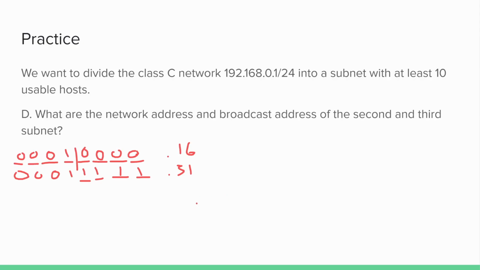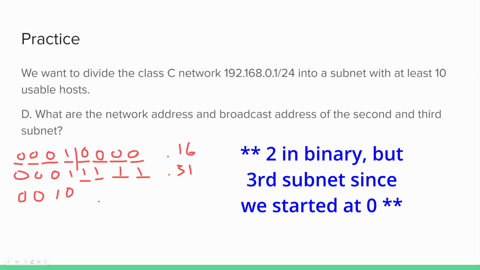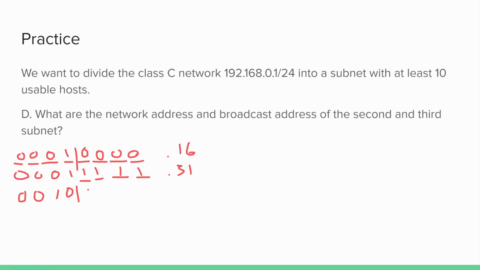However, what if we wanted to do it a little faster? If I write out the network address of the third subnet, it's going to be 0010, right? This is 2 in binary. And then 0000, we're going to get .32. And do you notice a pattern between the network addresses here? It went from .0 for the first subnet to .16 for the second subnet, and then to .32 for the third.